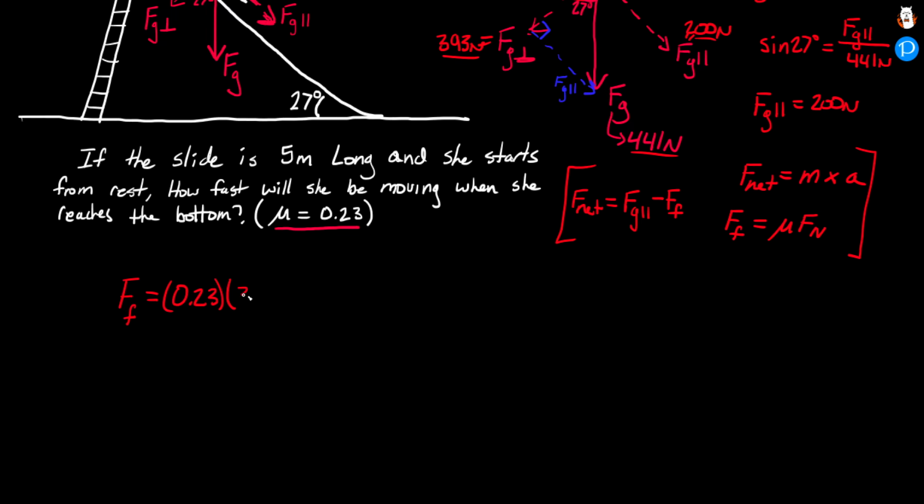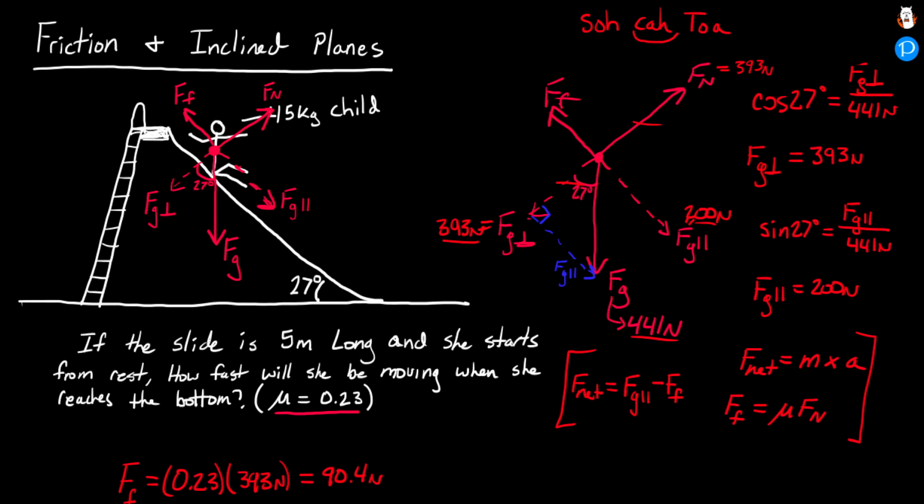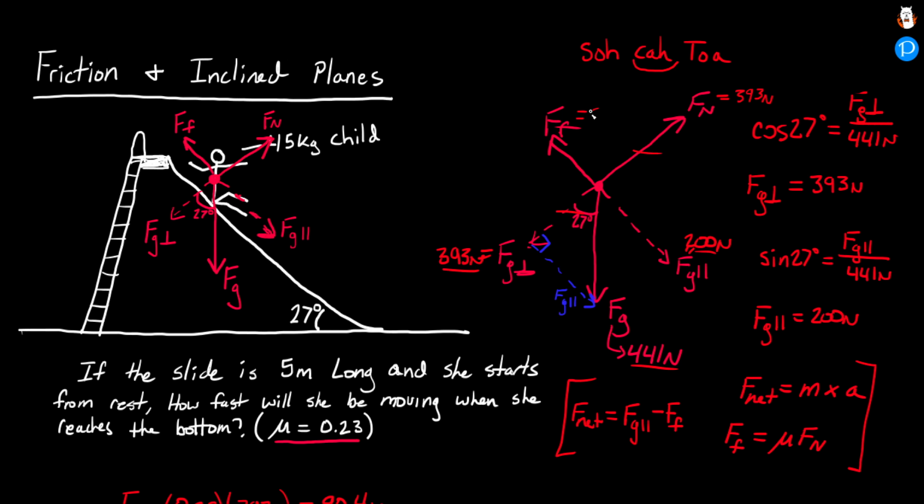So times 393 newtons. All right, and that works out to be, if we crunch the numbers there, 90.4 newtons. So now I know this force right here, 90.4.